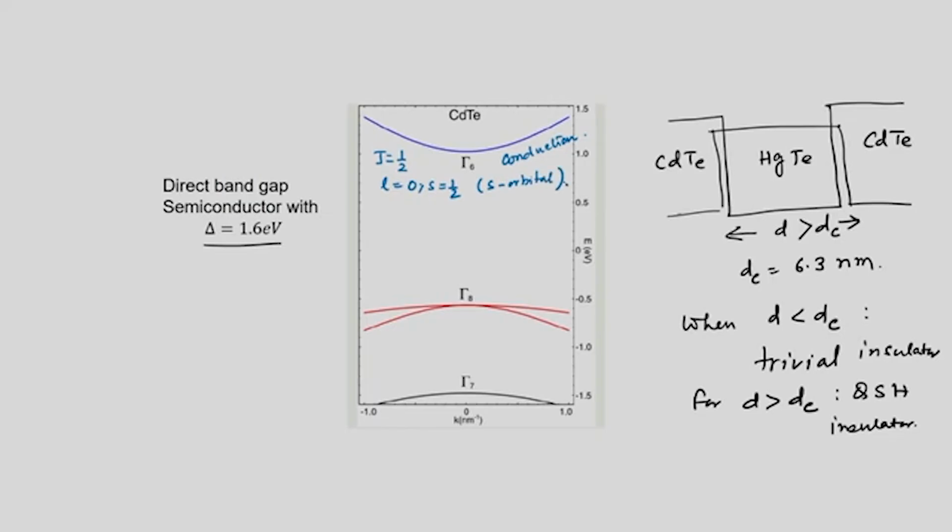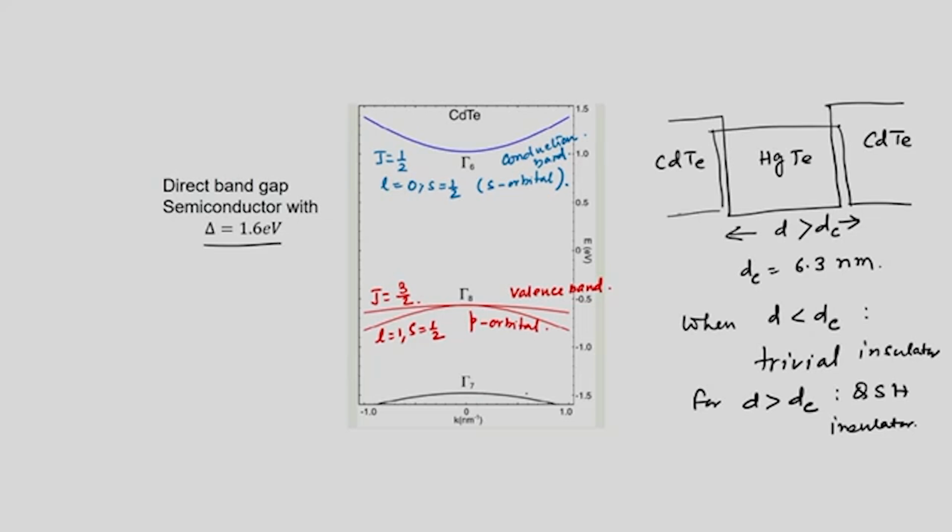Now, gamma 8 is the valence band, and this is for J equal to 3/2. This is L equal to 1 and S equal to half. So, this is a p orbital.